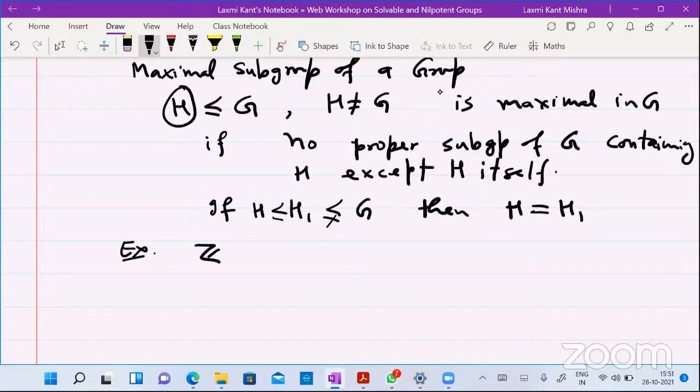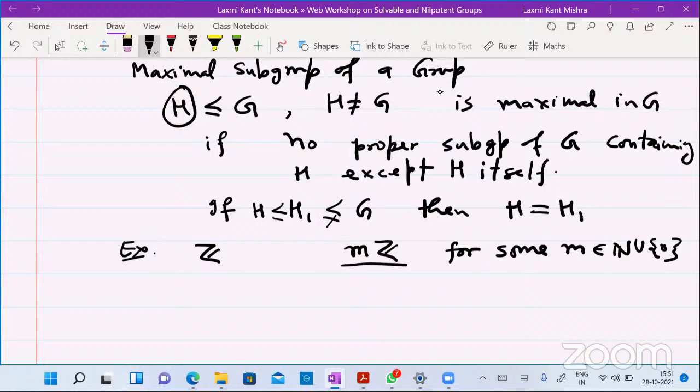I hope you will know that any subgroup of Z is of the form MZ for some M. So when will it be a maximal subgroup?